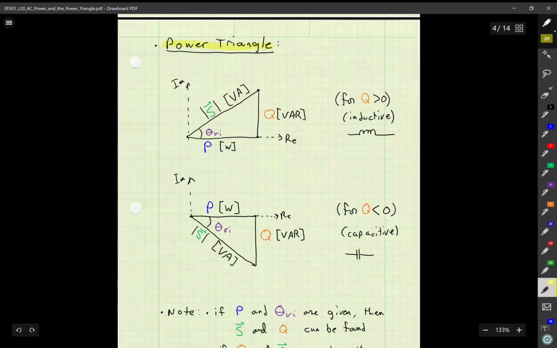Now, the power triangle is just showing us complex power in a graphical method. Okay.